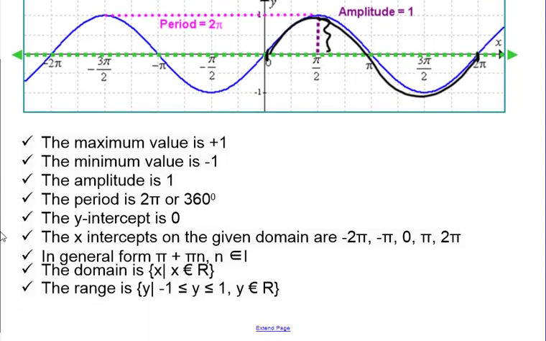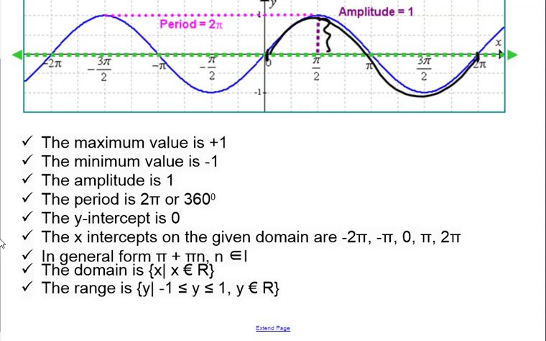The y-intercept of a sine graph is 0, and the x-intercepts on the given domain are negative 2 pi, negative pi, 0, pi, and 2 pi. Basically, they are intervals of pi.